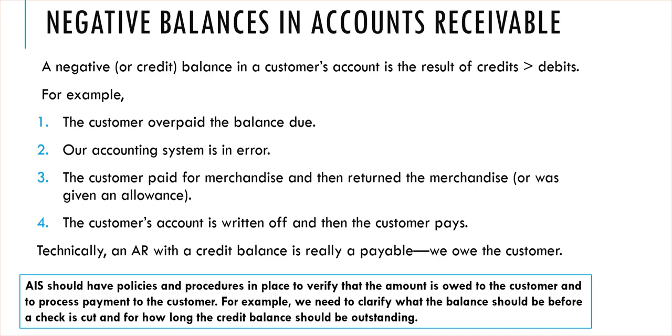We are just returning the customer's payment to them, and they've gotten away with actually getting merchandise for free. And that's not what we want to happen. So in AIS, whenever a customer's account is written off, we need a flag or something so that when the cash receipt comes in, we have the ability to reverse the write-off and process the payment.